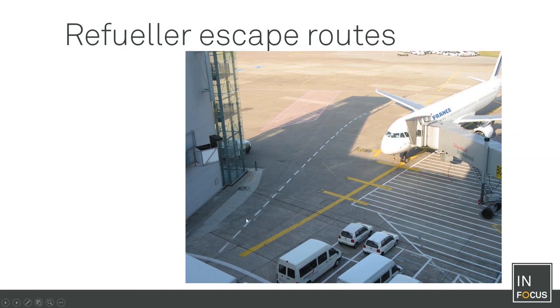This is an example of an escape route which is marked on the ground at this particular stand. This is at Düsseldorf Airport in Germany. They just have a simple white dashed line with a text along it and some directional arrows to show that this is the escape route.